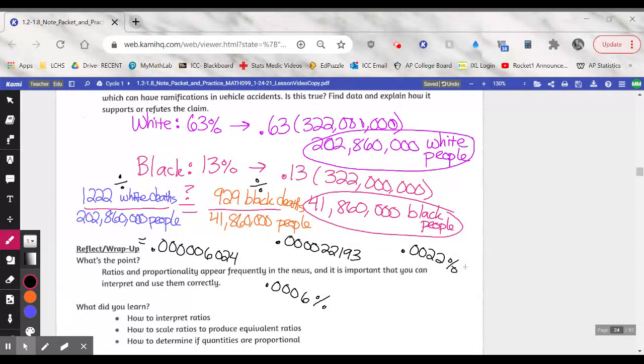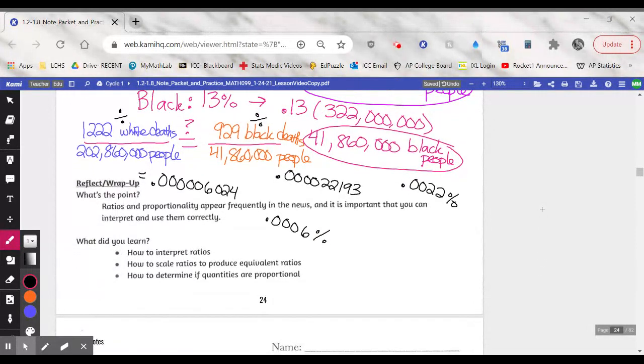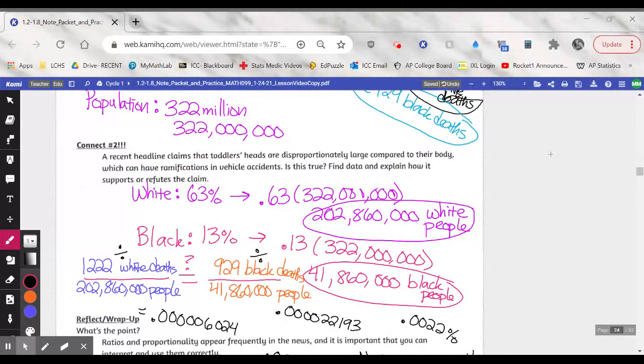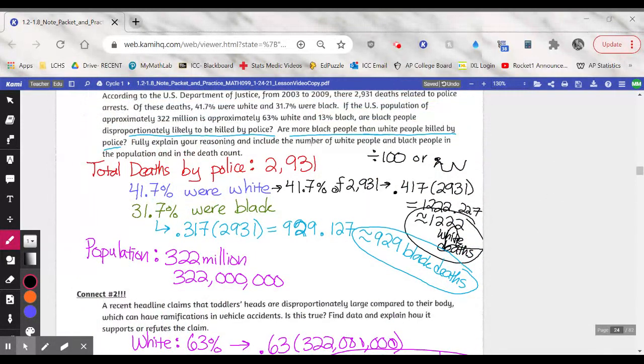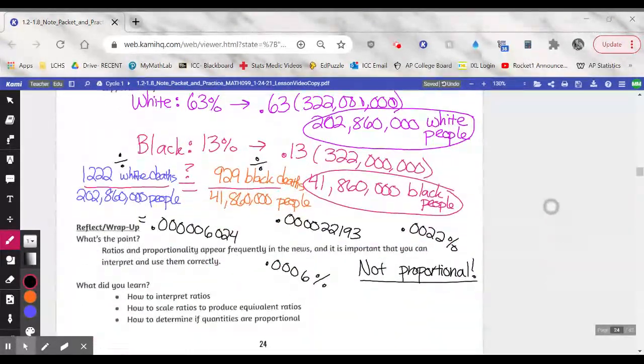So you can see it's a lot more. So we can see that these are not proportional, not even close. And it asks us, are more Black people than white people killed by the police? And we can say that there are more Black people killed by the police.